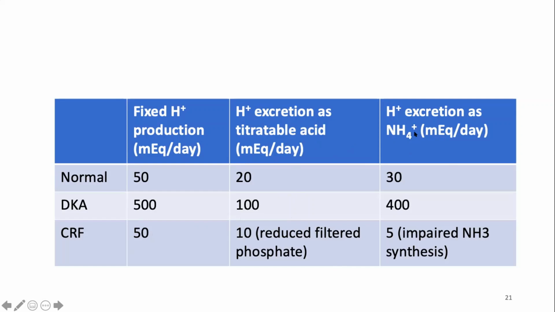Because they have impaired ammonia synthesis, which impairs H+ excretion as ammonium, and also when they have lower GFR, there will be reduced filtered inorganic phosphate. Therefore, there will be less urinary buffer in the luminal or tubular filtrate.